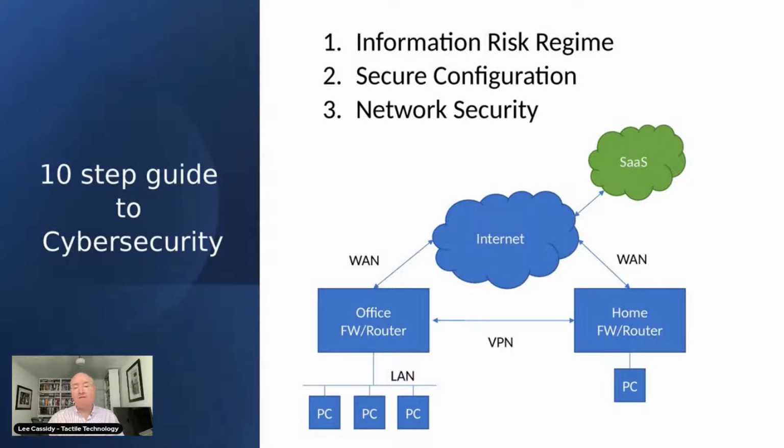So home office and our main office can get out to the internet using their wide area network links, and they can then get to software service setups. So Office 365 for email, OneDrive for drive storage, using things like SharePoint to share documentation, and a variety of other services we might be utilizing there.